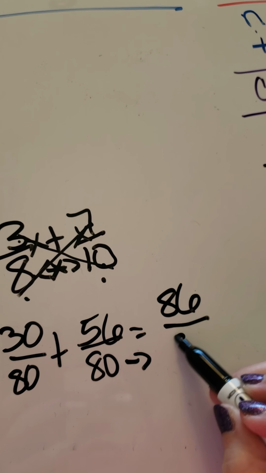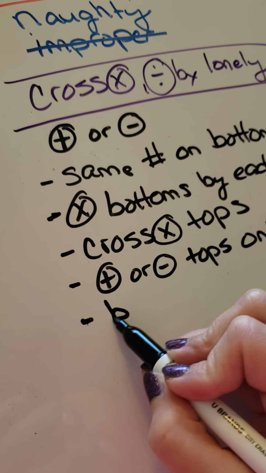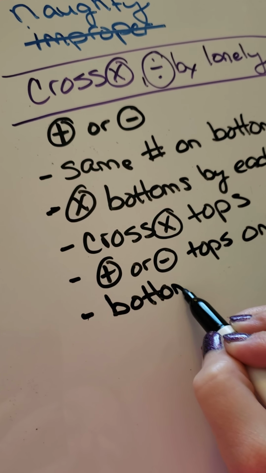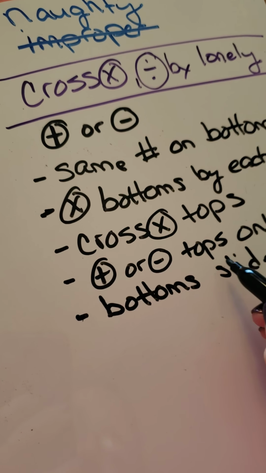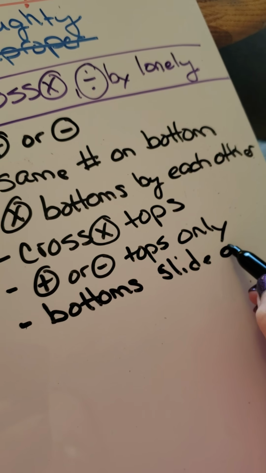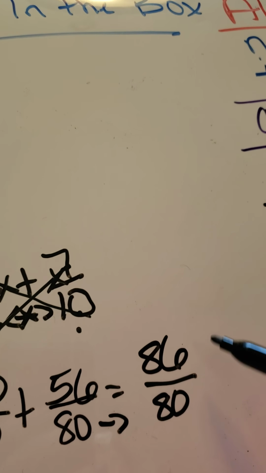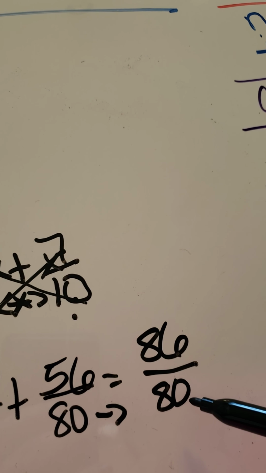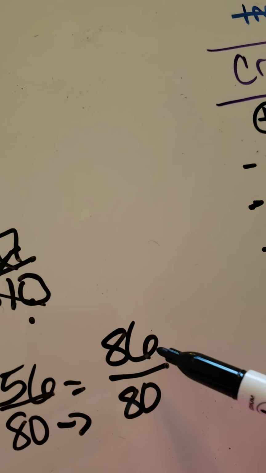I don't do anything with it, I just slide it over. Okay, now I have 86 over 80. But can I leave it like that? No, because in red, always reduce. And it's a top-heavy fraction.